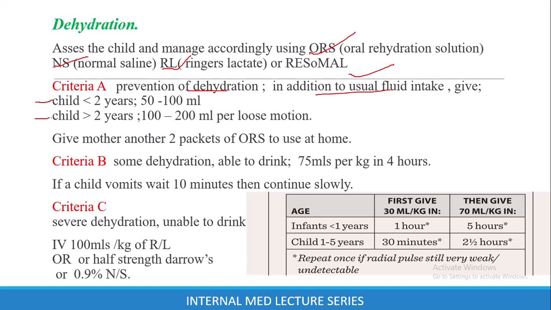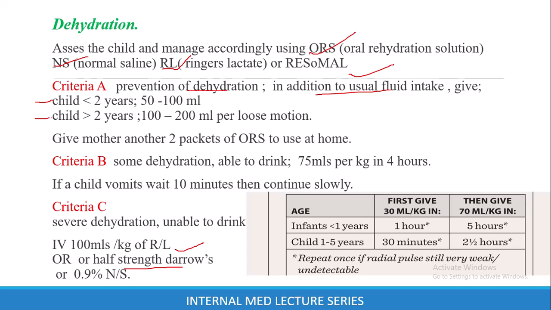And then we go to finally plan C. This is for severe dehydration. The child is unable to drink, they are lethargic, they are unconscious. So here you give 100 ml per kg of Ringer's lactate, half strength Darrow's or normal saline. Any of the three can be given. How do you give the 100 ml per kg?